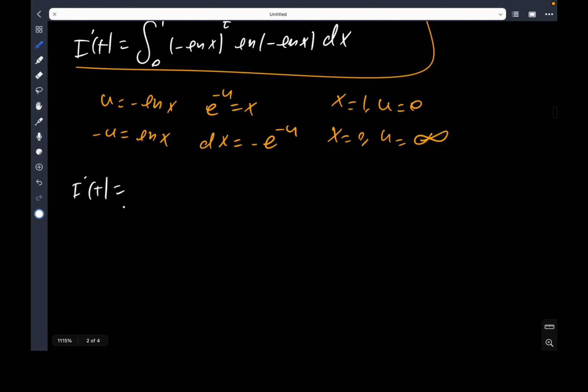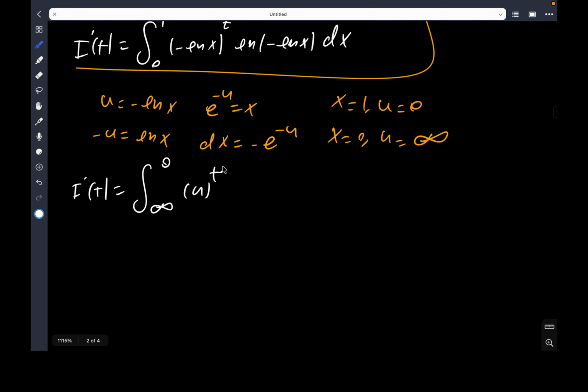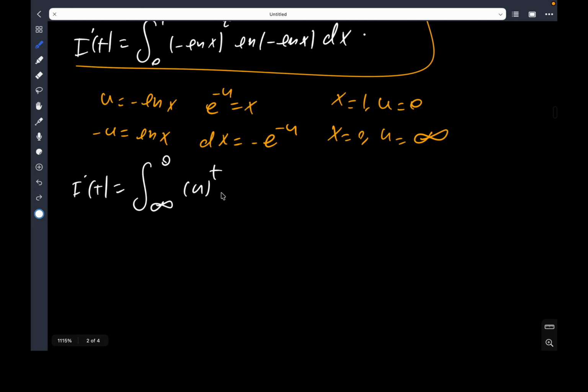is going to be the integral from infinity to 0. We have to replace u here. So u to the t, ln of negative ln x is ln of u, and for dx, negative e to the negative u du.